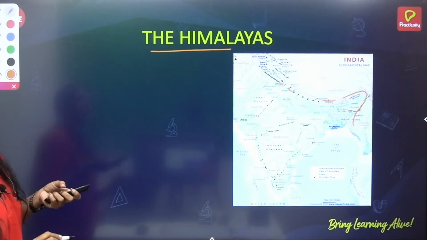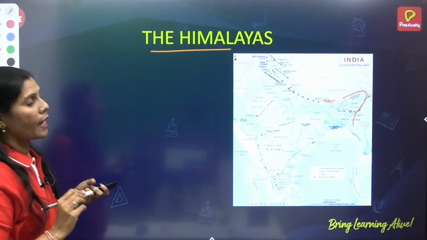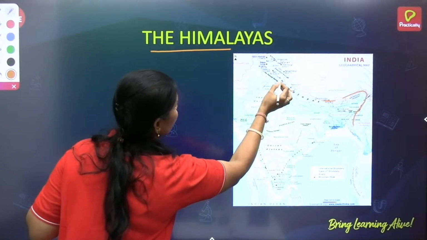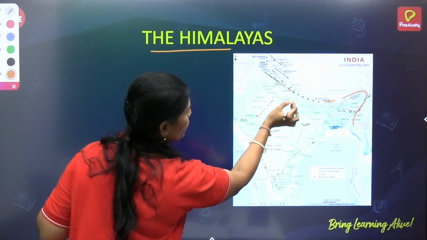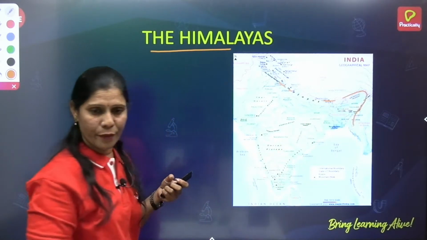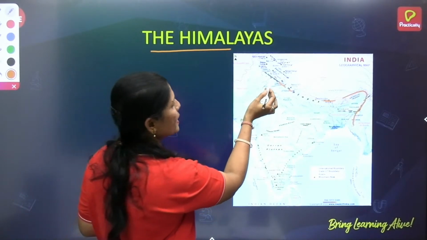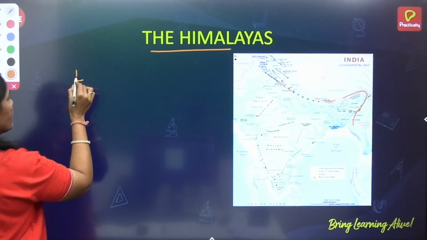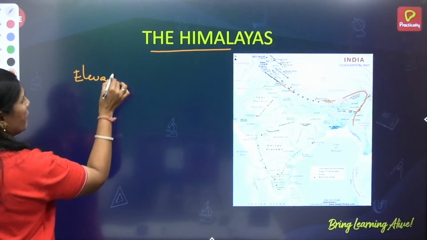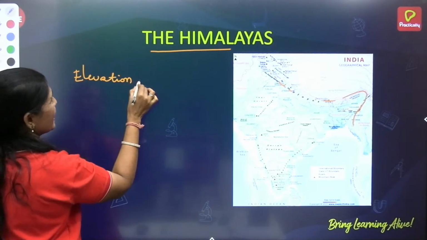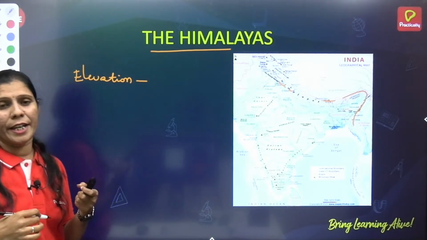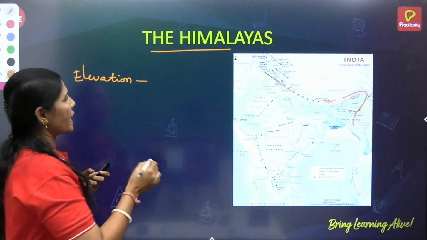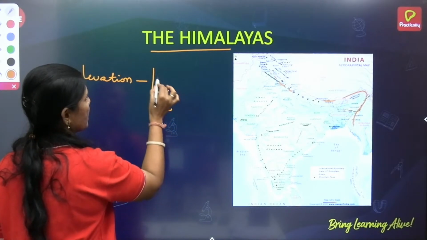Let us first discuss latitudinal and longitudinal, one after the other. You can see this browner structure, the Himalayan region. In this part, depending on elevation, that means the height or altitude of the place, the regions are divided into 3 categories.